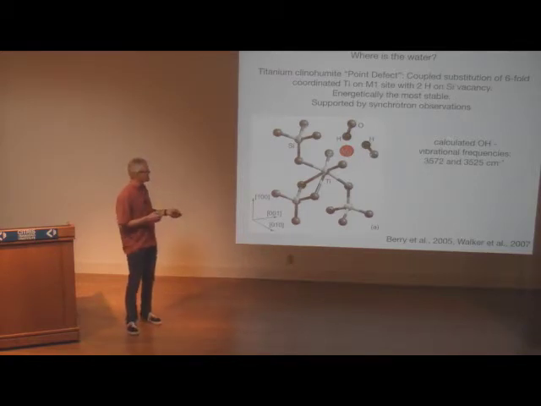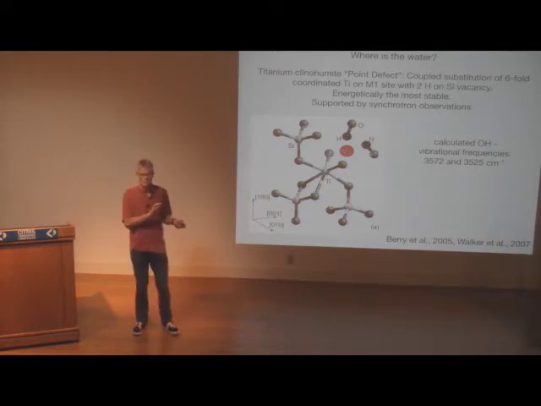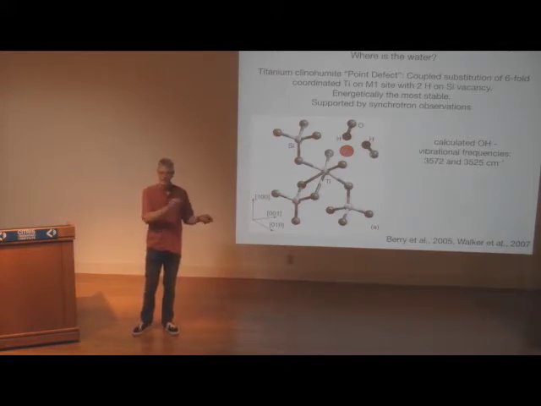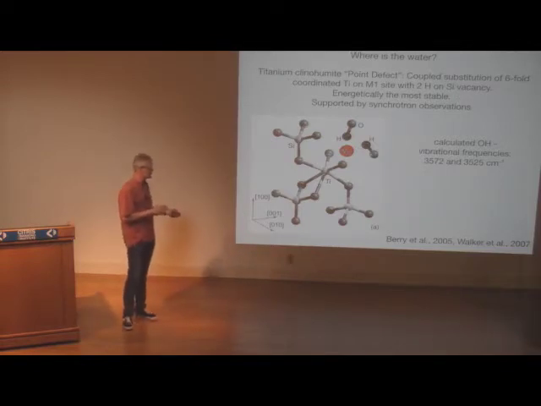And again, not entirely straightforward because you have to worry about charge balancing. Everything has to be charge balanced, just like for your intrinsic defects where you have magnesium vacancies charge balanced by iron 3+. Here you have hydrogens charge balanced by this defect complex involving a silicon vacancy and a titanium atom.